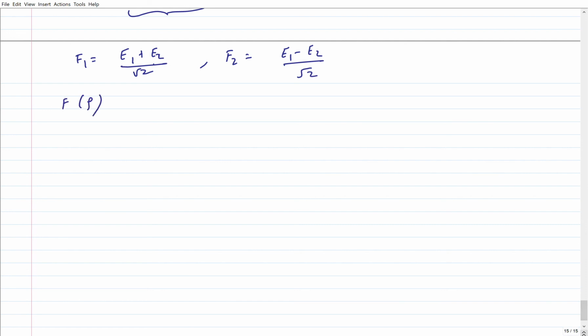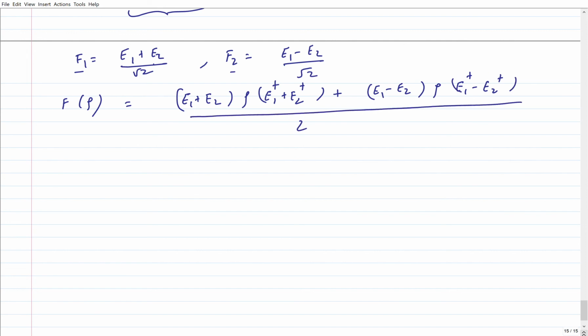And if you look at what happens when I apply a quantum operation with these operation elements F1 and F2, I just write them down in terms of E1 and E2, with the daggers, plus, the whole divided by 2, and that's nothing but equivalent to E1 rho E1 dagger plus E2 rho E2 dagger, nothing but our quantum operation. So it was the same quantum operation.